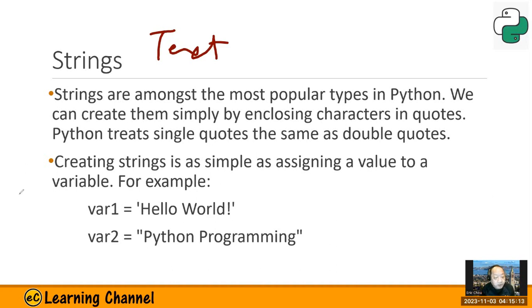You represent your name or sometimes your address, okay, in a string. So you can declare variable 1 equals hello world, variable 2 equals Python programming. So hello world will be stored in variable 1, and Python programming will be stored in variable 2.